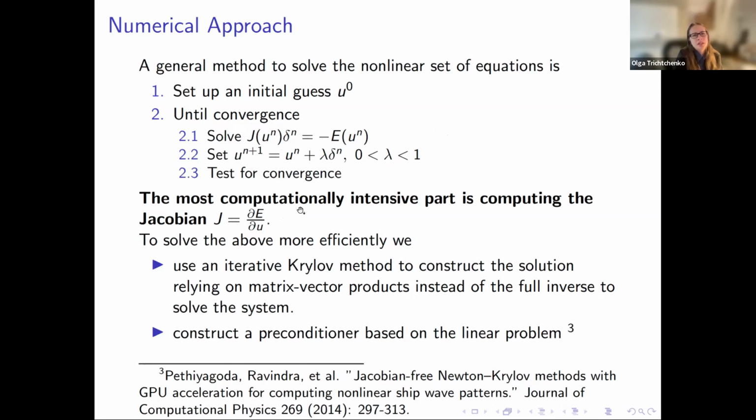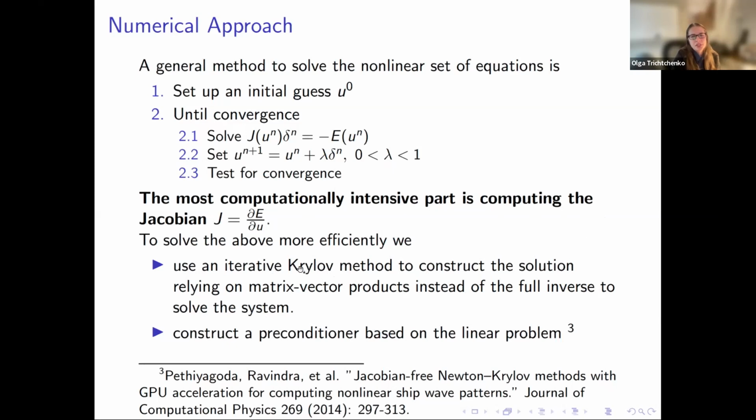And when I showed you that boundary integral method has that double integral, so really it's going to lead to very dense matrices. So what we're going to do is use an iterative Krylov method to construct the solution, which relies on matrix vector products instead of doing a full inverse to solve the system. And to help this iterative Krylov method converge faster, we're going to use a preconditioner.